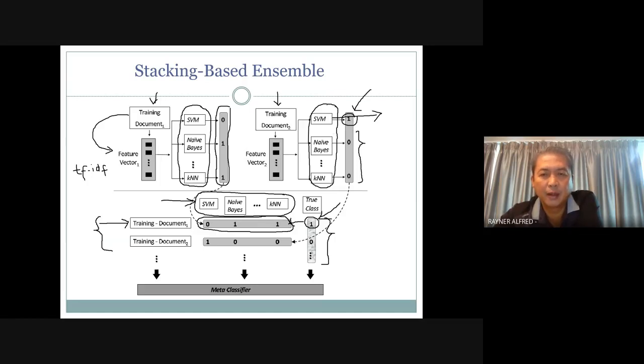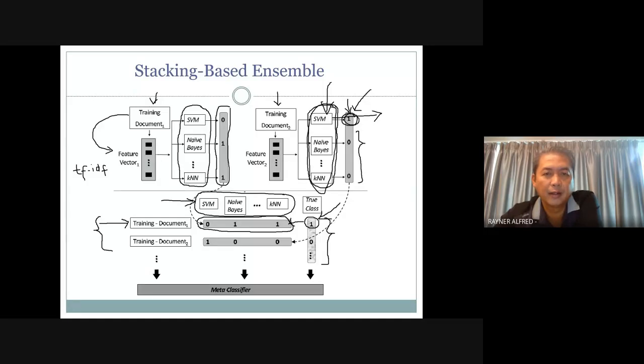If you only use the support vector machine, then you will get this label, so you have no other option to get the result. We rely 100% on this result because we are using one. But if we use all of these, then we can double check what is the best class label that should be assigned to the document.